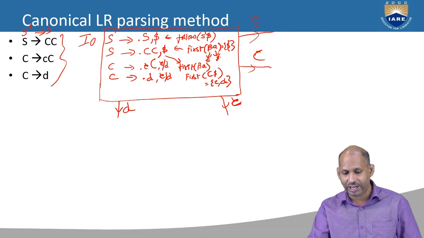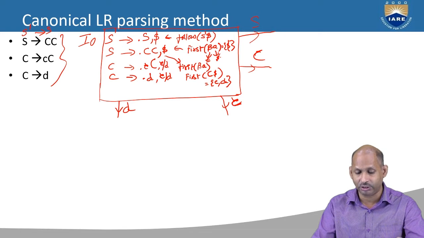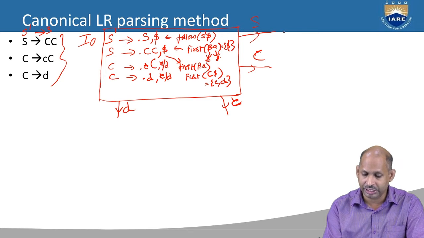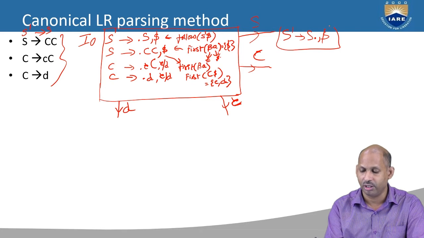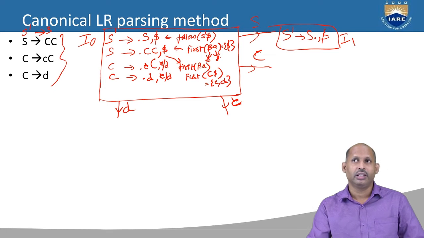Now we'll find the result of each goto operation and its respective closure group. The goto on S gives S dash gives S dot, comma dollar sign. This is I1.